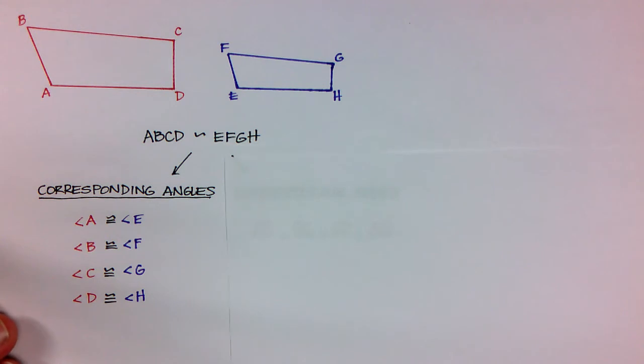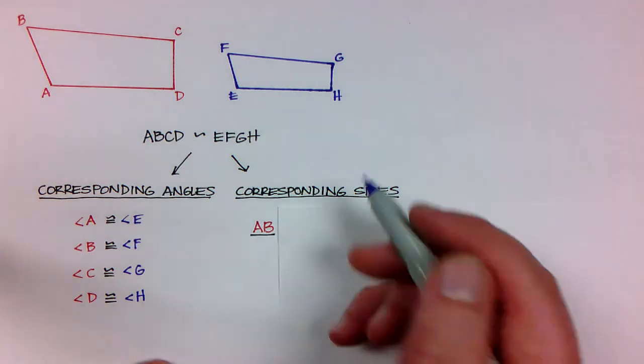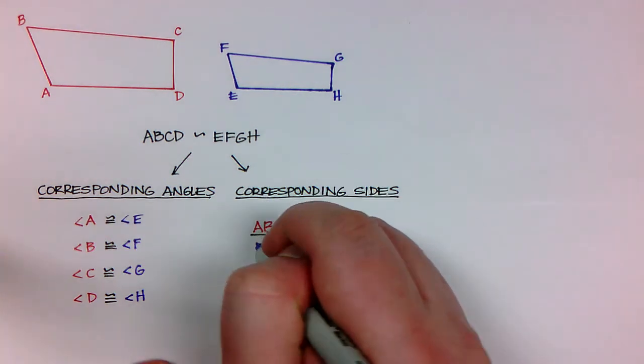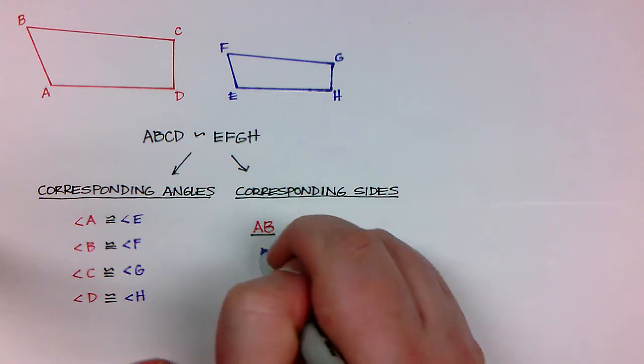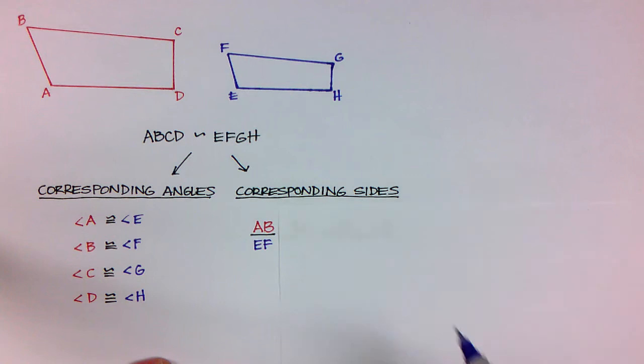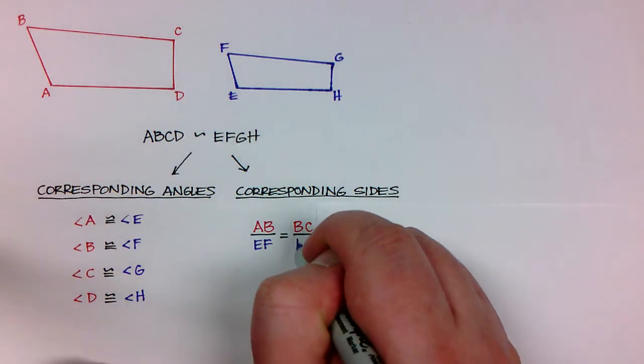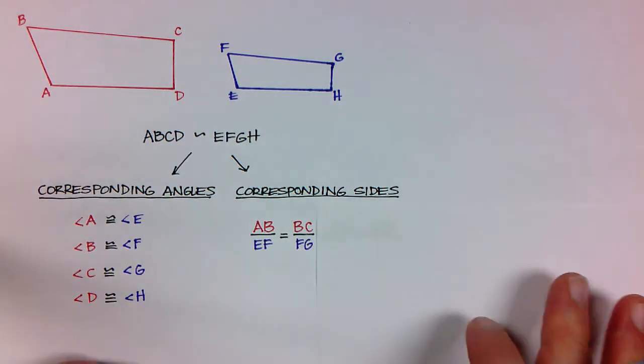And then also we were talking about corresponding sides and how they will be proportional to one another. So if I had the first side AB and I wanted to relate it to the other polygon, I would say that that relates to side EF. And so I'm going to divide them. And when I divide the lengths, it's going to be equal to, if I divided BC by the length FG.